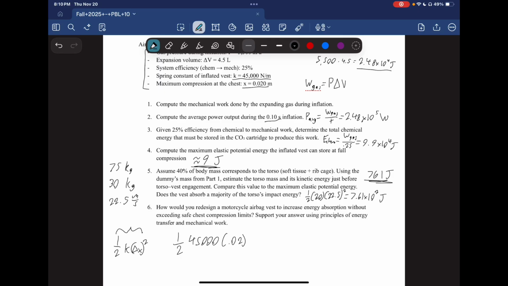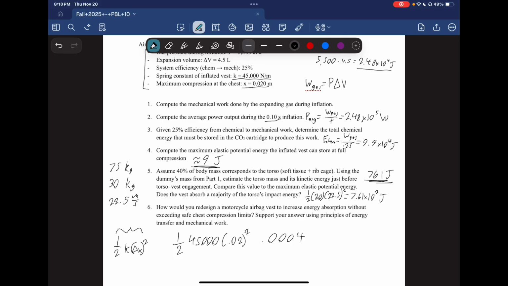But then we multiplied it by 0.02, and then we squared that. And if you square 0.02, you get 0.0004, which is a very small coefficient.